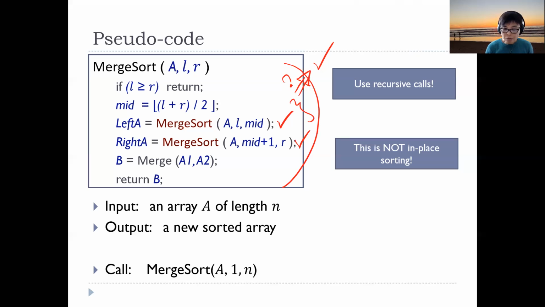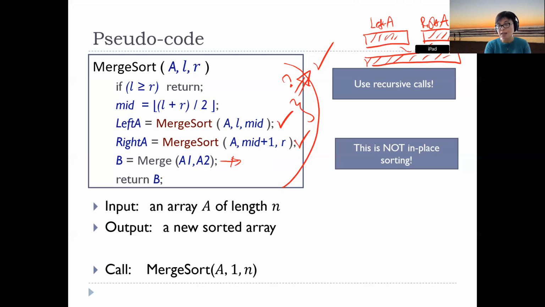We said that if your left half is sorted, and if your right half is also sorted, and, well, we haven't really described this merge step, but if the merge indeed merges them correctly into a sorted array, then obviously the output is correct. So the inductive step is correct as long as our merge step is correct.